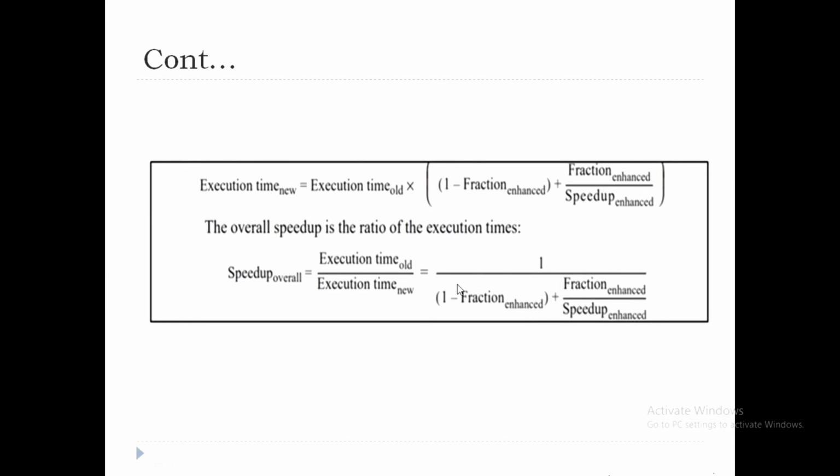This is the final equation used for evaluating the speedup of the machine using Amdahl's law: 1 divided by (1 minus fraction enhanced) plus fraction enhanced divided by speedup enhanced. You must remember and note this equation.